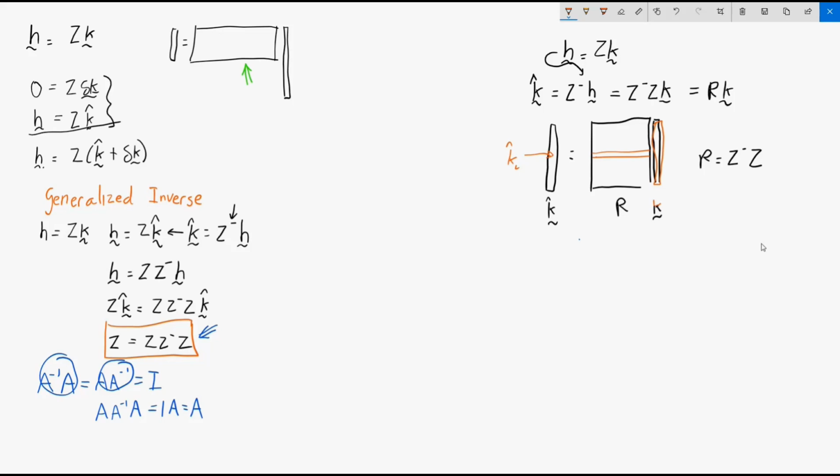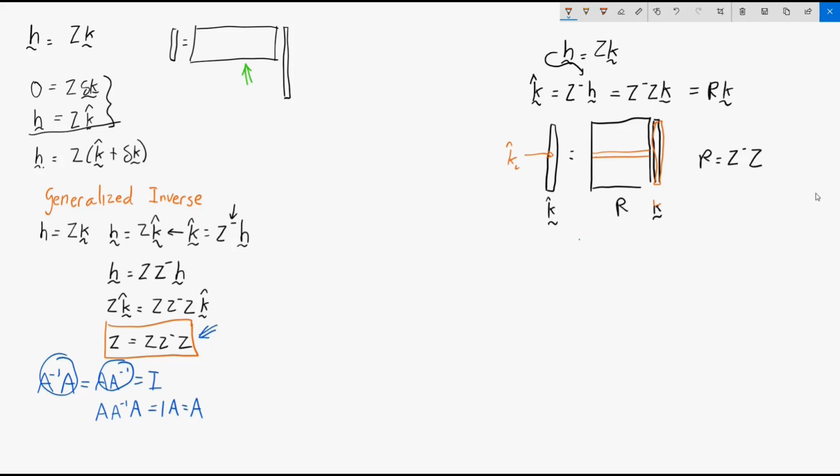What this tells us though, even though I'll never know k, and all we know is k hat, so we never know k, this is the real world properties of a complex geological medium which we'll never know. All we can know is k hat. I can never know k, but I can know the relationship between k hat and k.